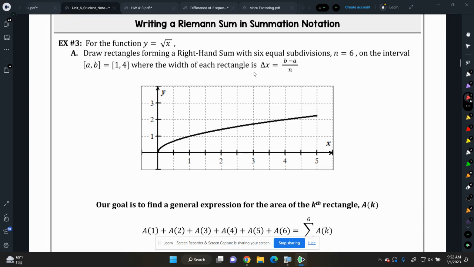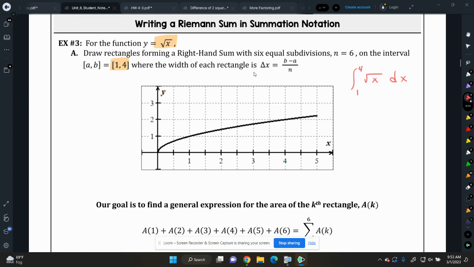Okay, so this particular problem, they're going from 1 to 4, and the function is square root of x. So the integral notation would be a to b, so that's 1 to 4 of f of x, so that's the square root of x dx. That would be the integral notation. Okay?